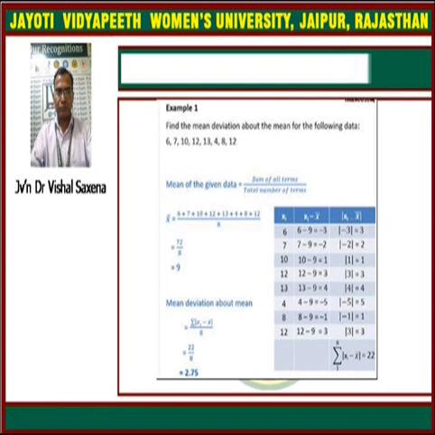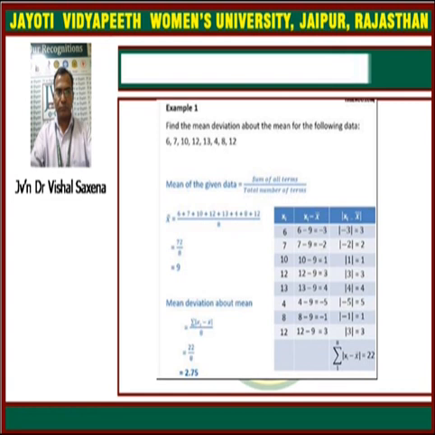The data of xi are given, so we just write them. Next we take xi minus x bar: 6 minus 9, 7 minus 9, 10 minus 9, 12 minus 9. In this way the values are minus 3, minus 2, 1, 3, 4, minus 5, minus 1 and 3.